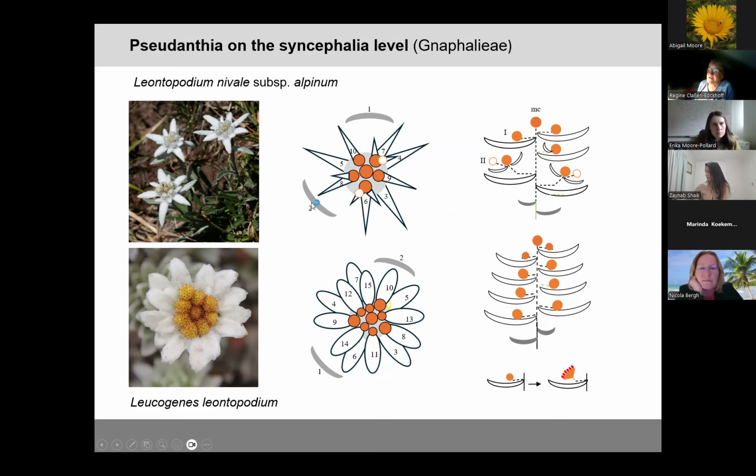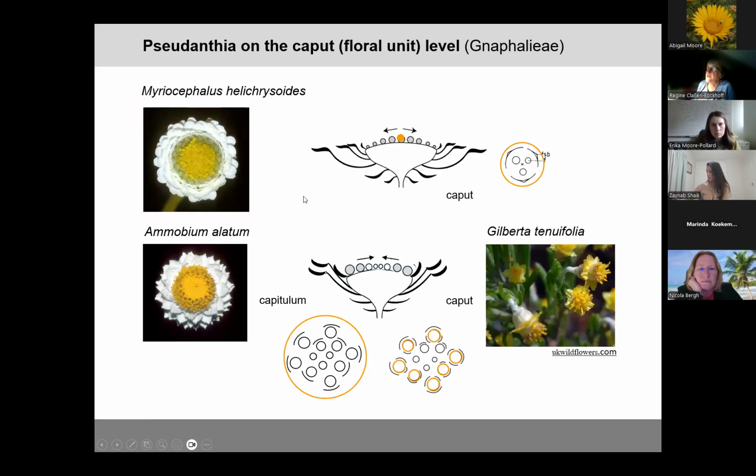These are, let's say, simple aggregations, but more spectacular are the pseudanthia in the close relationship of Polycalymma. Here you see Ammobium alatum, which is a simple capitulum. You have showy involucral bracts, you have no terminal unit, and you have a centripetal flowering sequence, so a typical capitulum.